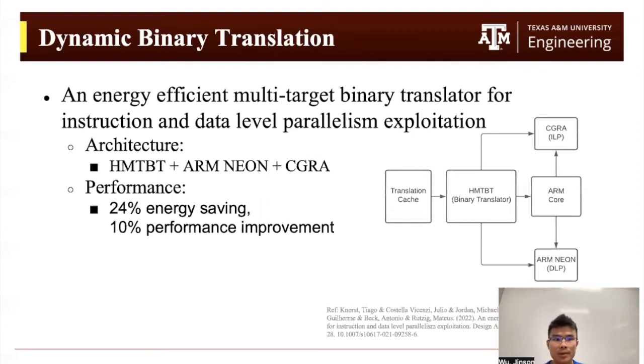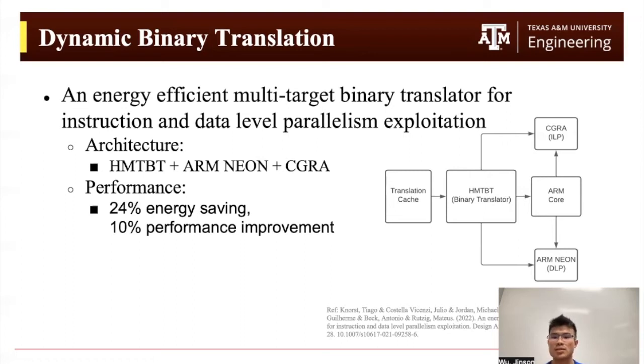The first survey is this work, which is using dynamic binary translation. This work proposed a hybrid multi-target binary translator that supports code optimizations on accelerators that exploit different parallelism, as depicted in the figure.